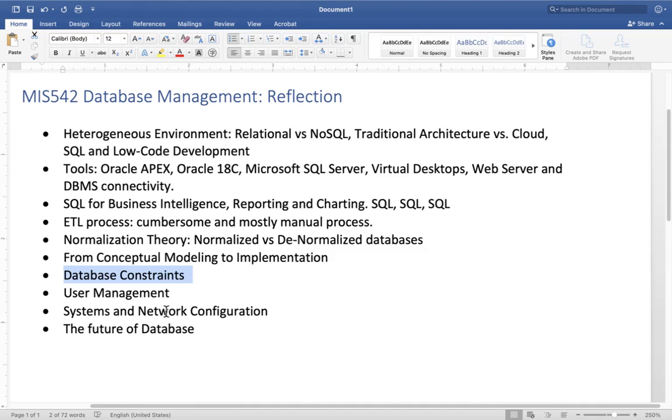In the very last assignment, you learned some user management, and we went through the process of assigning roles and configuring the pluggable versus container database. I know most of you have completed assignment 10 at this point.